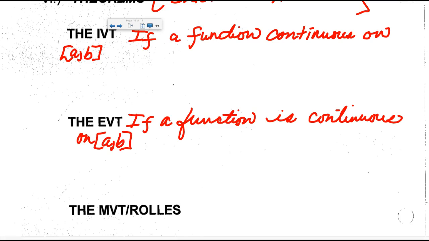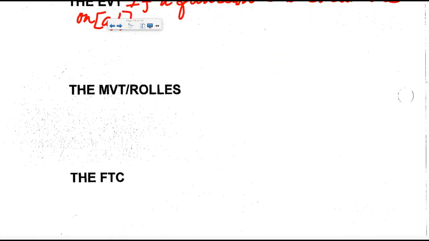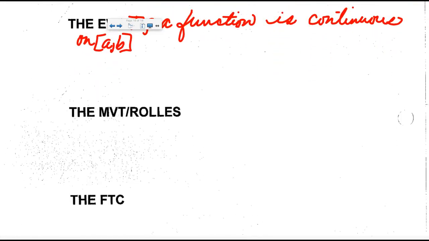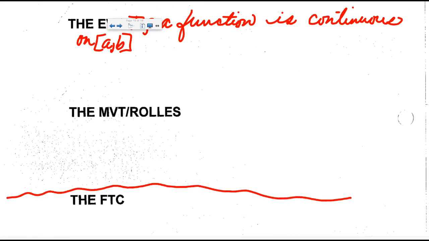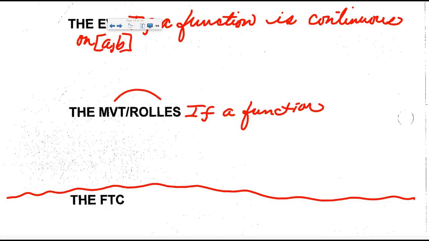Okay, so these two, the IVT, the intermediate value theorem, and the extreme value theorem, in the hypothesis, we only need continuity. The MVT and Rolle's, by the way, it's these top ones that are existence theorems. The MVT and Rolle's require that a function be, and Rolle's really is the MVT, so you don't really need to memorize that one.